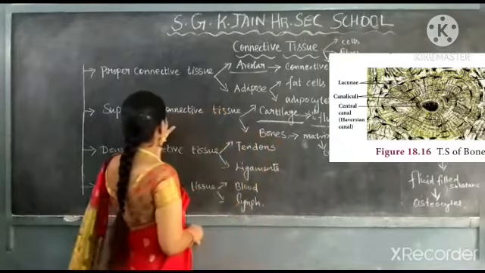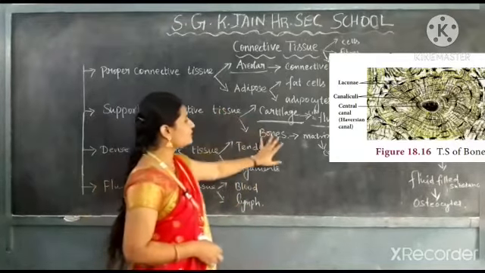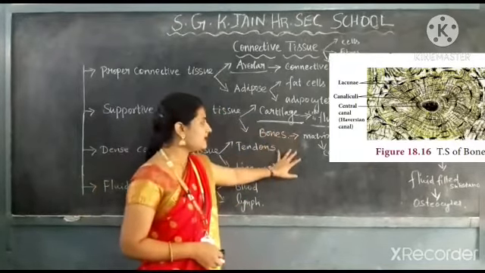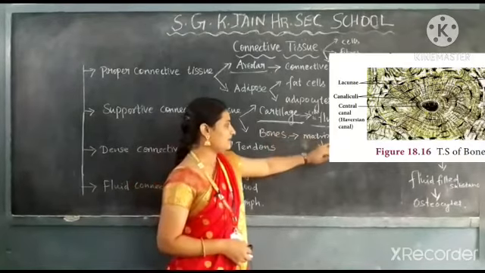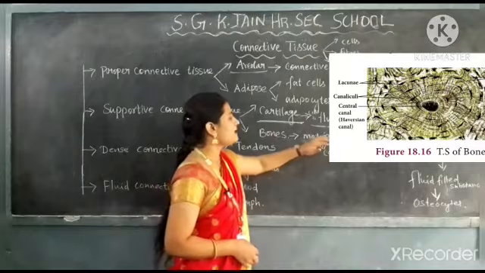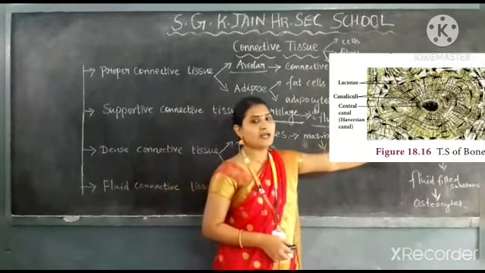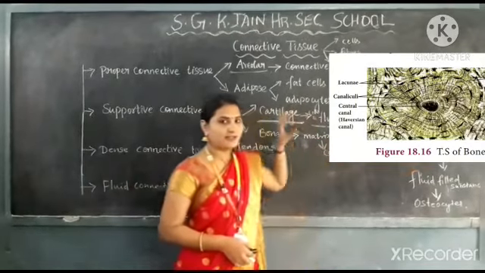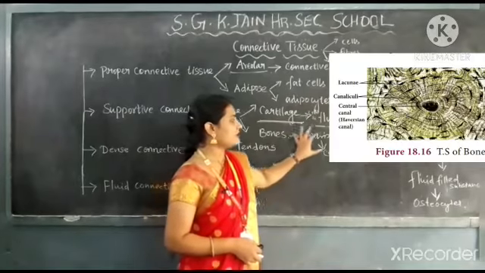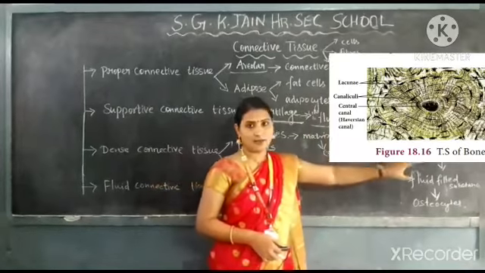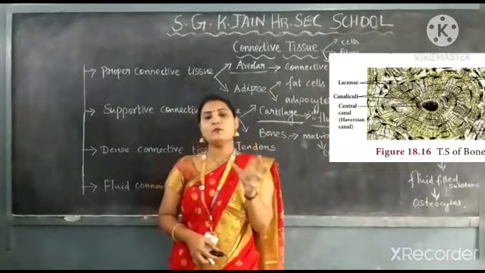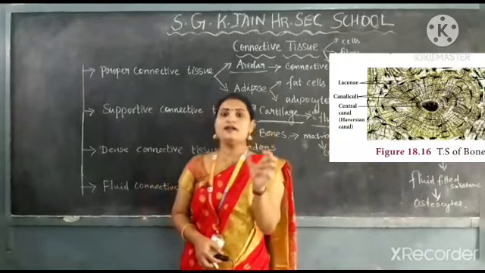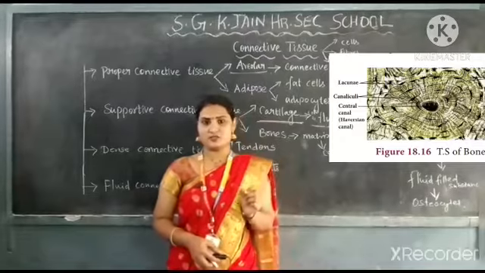Okay, and next one is bone. This supportive connective tissue also consists of bones, and the matrix of the bones is rich in calcium salt and collagen fiber, which strengthen the bones, so that they are hard and rigid in nature.